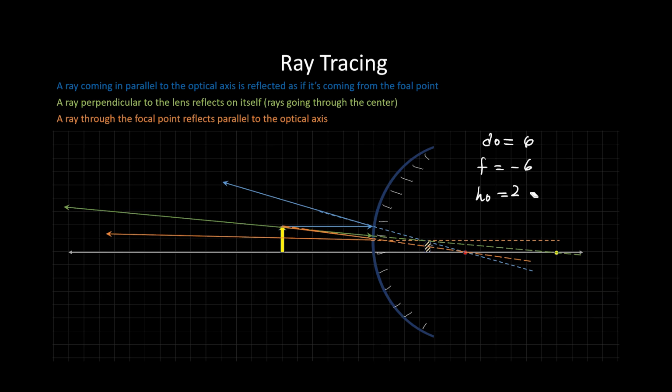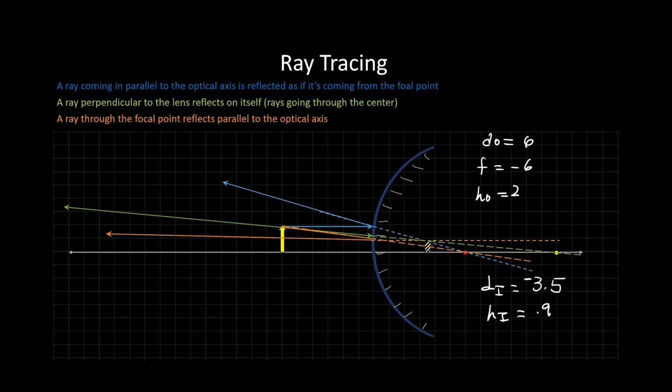So we observe that, roughly, H sub I is 3.5. And then D sub I, I'm sorry, that was D sub I, negative. And then H sub I is almost 1.